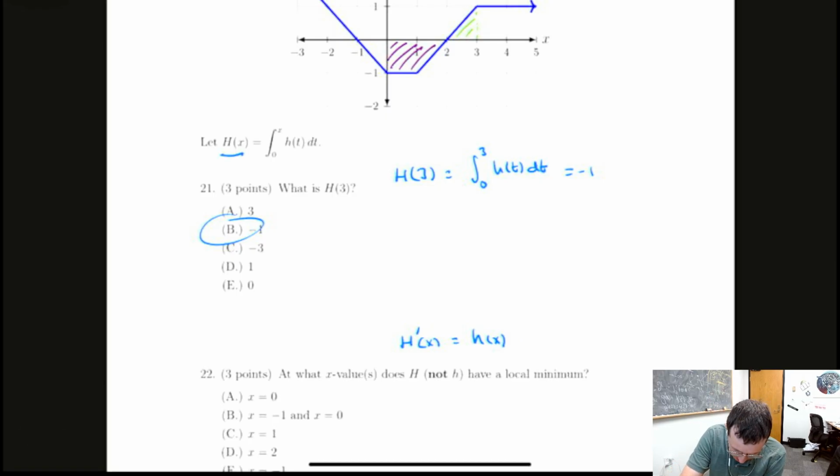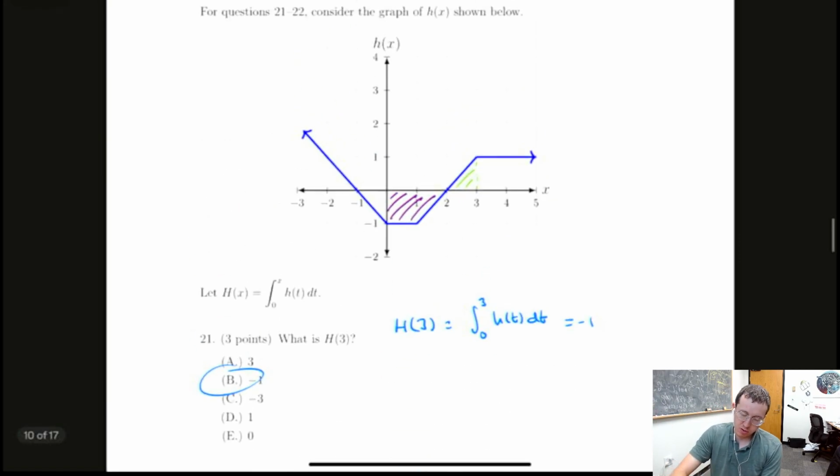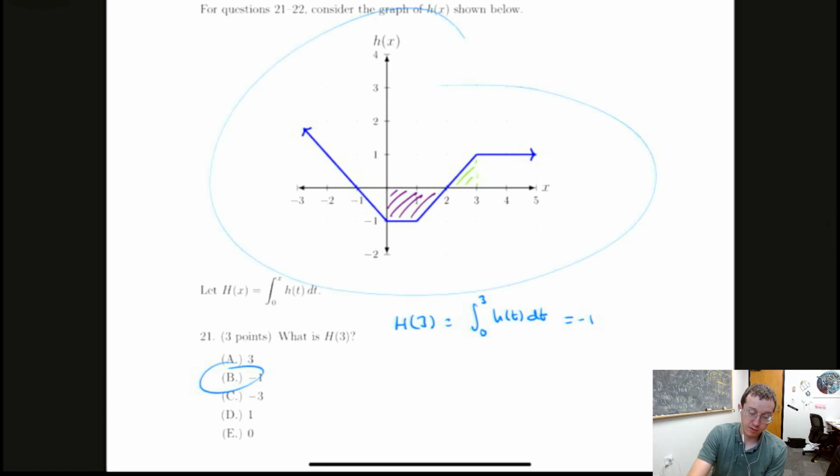When you differentiate capital H, which is this accumulation function, you get the integrand with the upper bound of x substituted in. That is, you get h of x. So what's happening here is we are being asked about a function, but we're being shown the graph of its derivative.